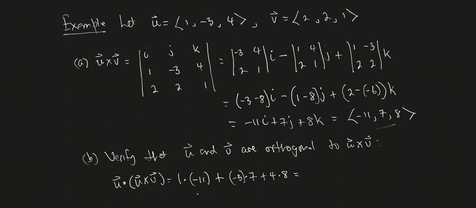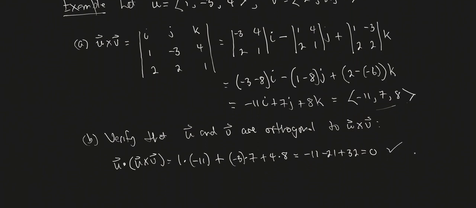We end up having negative 11 minus 21 and then plus 32. And there you go, it cancels out because this is a negative 32 plus 32, so that's 0. Once your dot product is equal to 0, the vectors must be orthogonal, right? So you could say this, or you could actually write it and say that u is orthogonal to u cross v.